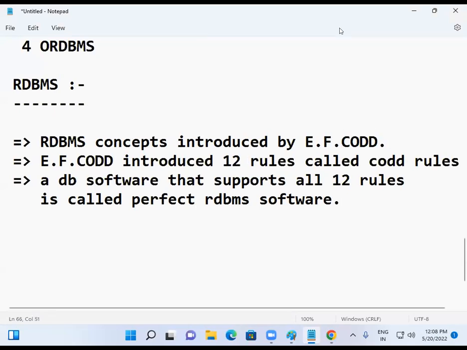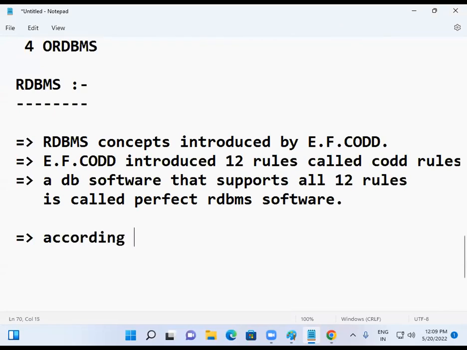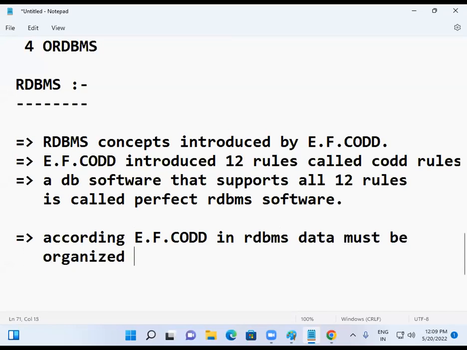One rule, according to E.F. Codd, is that in RDBMS, data must be organized in tables, that is rows and columns.